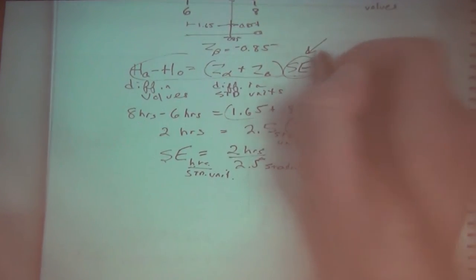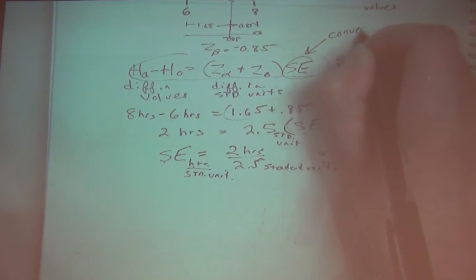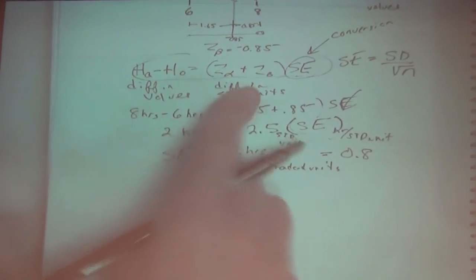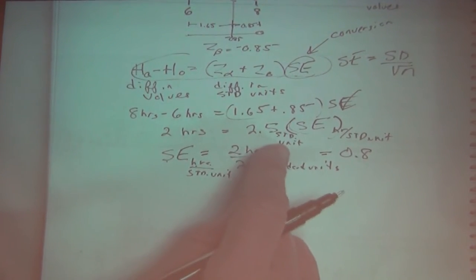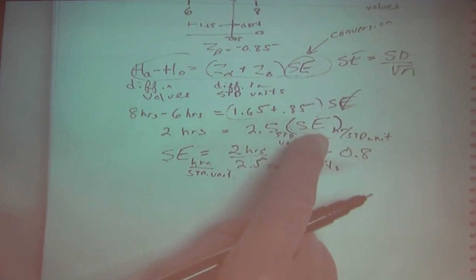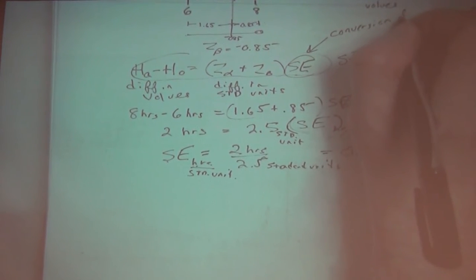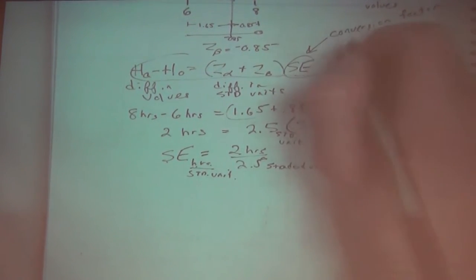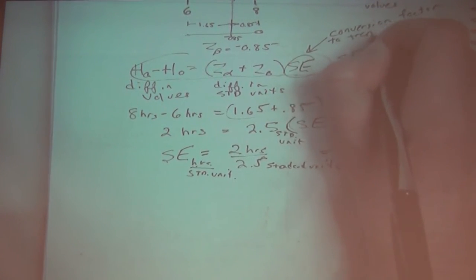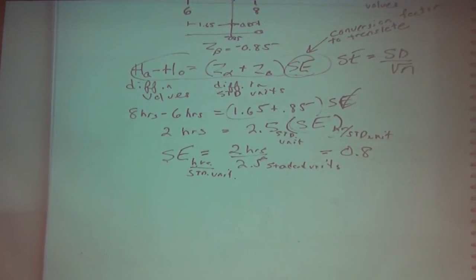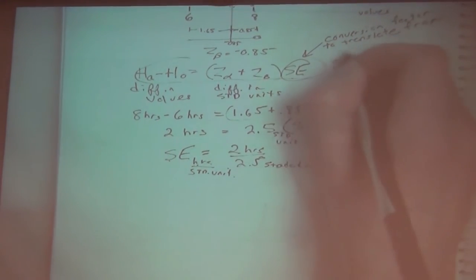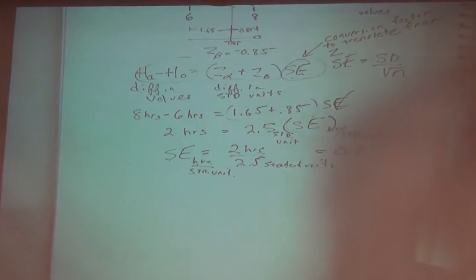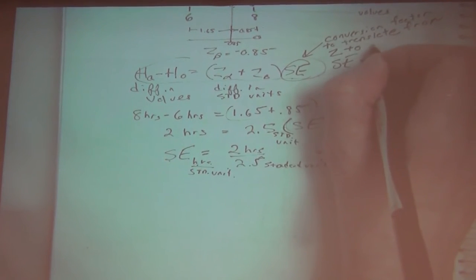So this is your conversion factor. You can't say 2 hours equals 2.5. You have to multiply by your standard error, from standard units to hours.